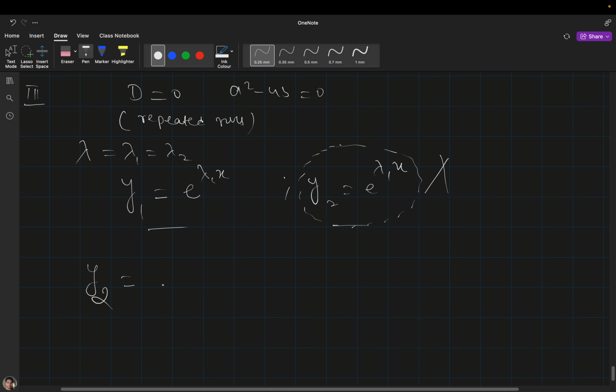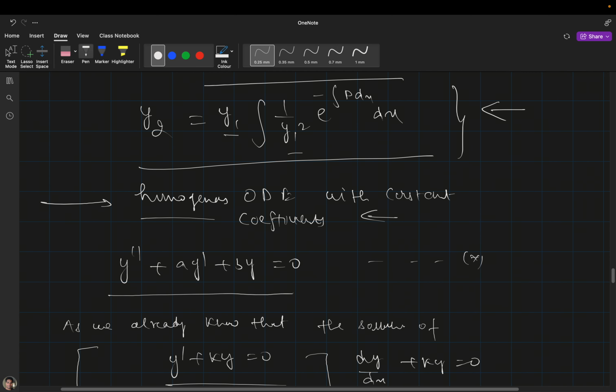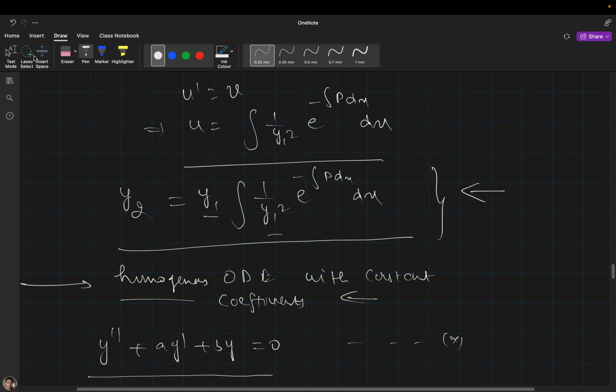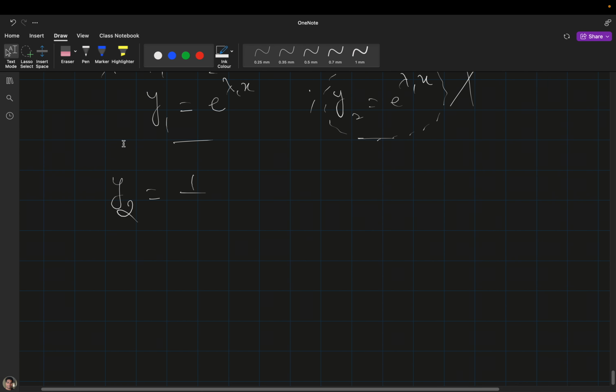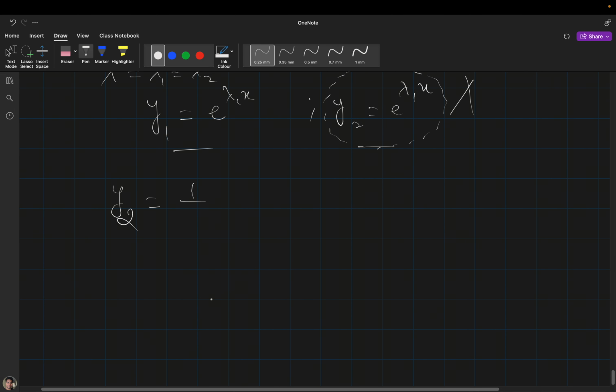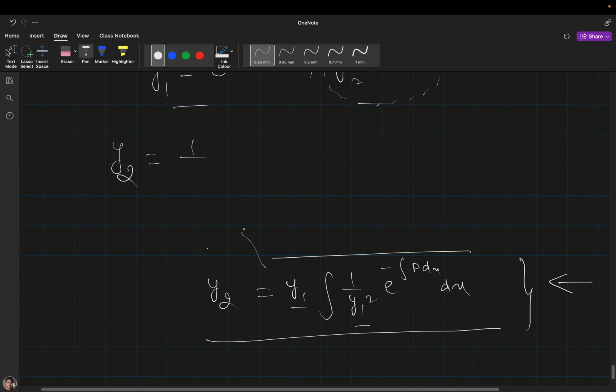So y2 will be what? 1 divided by, what is that? I will use this directly. That is nothing but y1.